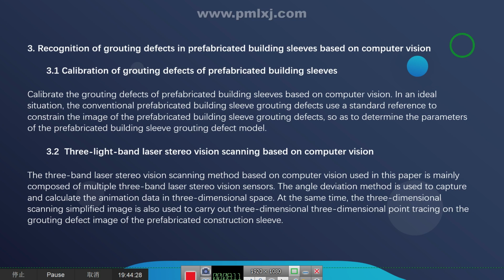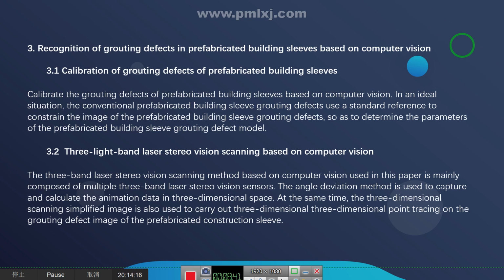3. Recognition of grouting defects in prefabricated building sleeve based on computer vision. 3.1 Calibration of grouting defects of prefabricated building sleeves. Calibrate the grouting defects of prefabricated building sleeves based on computer vision.